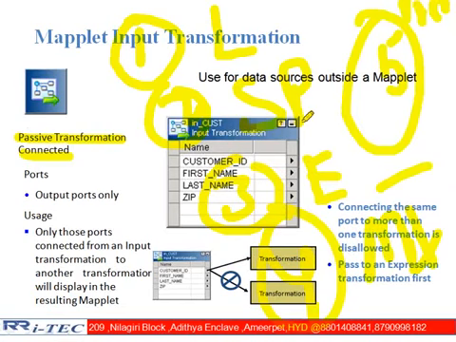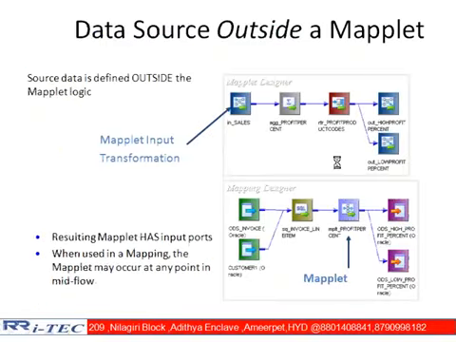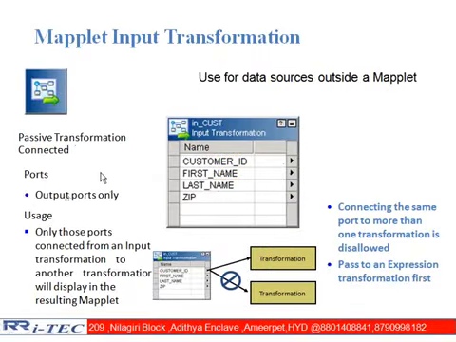These are the 5 things available. In fact, Lookup is called both passive as well as active. Now the ports available are only output ports. So we don't have any inputs here.